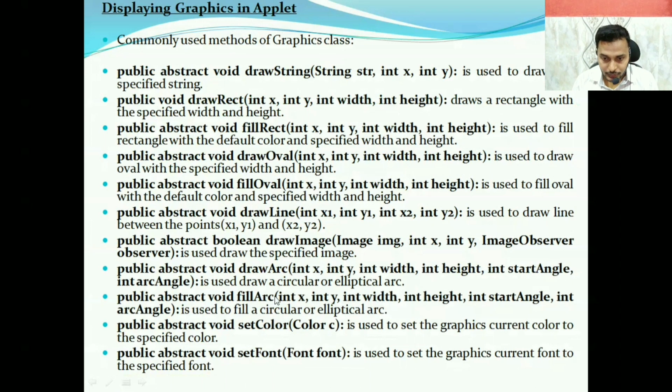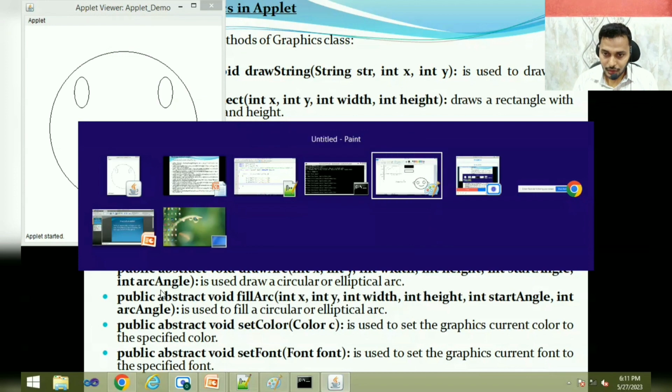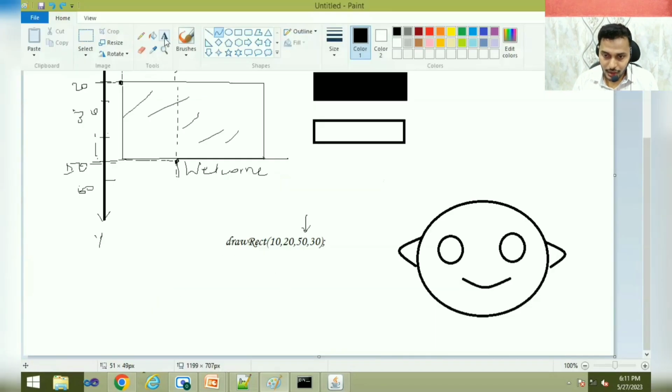So the arc has x, y, width, height, starting angle and arc angle. So what does this mean? Now you can check what the starting angle means. This is 0, this is 90, this one 180, and this one 270. These are the angles.